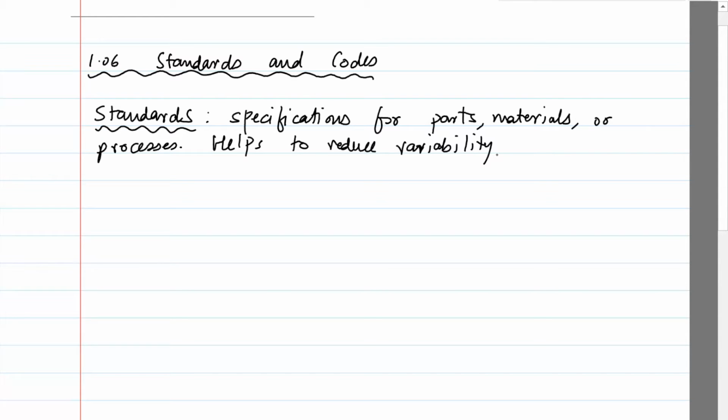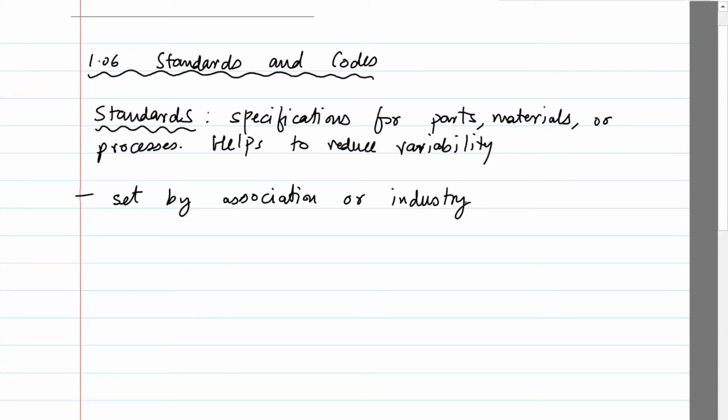Now, the standards are typically set by the manufacturing association or by the industry. Set by association, like in this case ASME, or sometimes it's also set by industry.